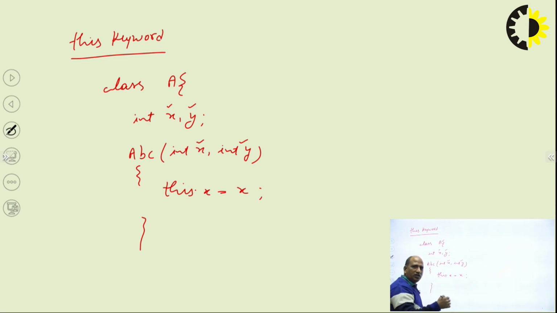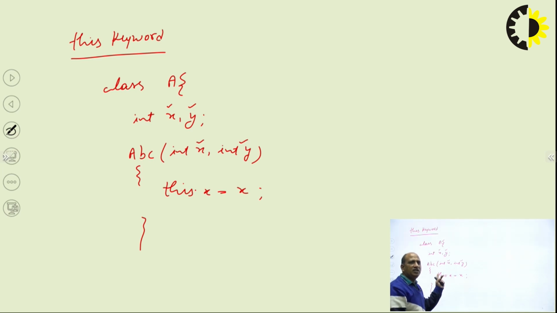Since each object has its own copy of the class variable, this dot x means the copy of the x associated with that object which is being created.